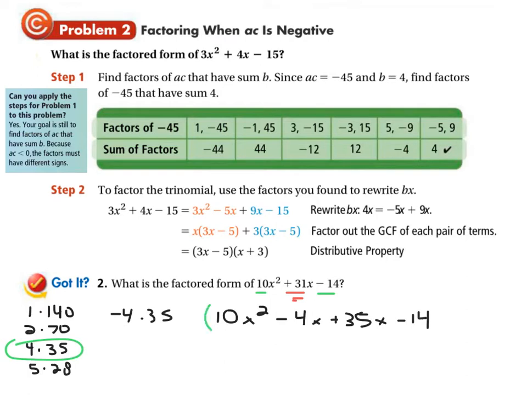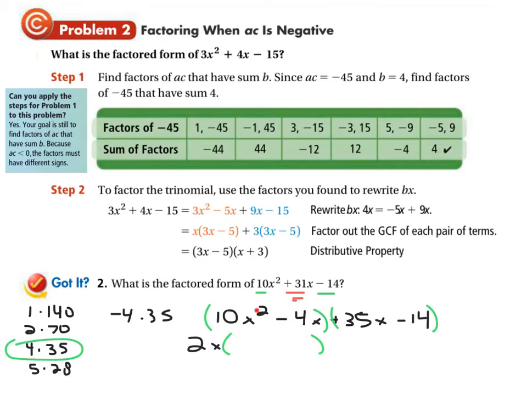We're going to group the first two and the last two, and see what we can factor out. Here, the 10 and the 4, we can factor out a 2, and they each have a single x we can get out, so we can pull a 2x out of there. Then what do we have left? Whatever we get when we divide each term by 2x.